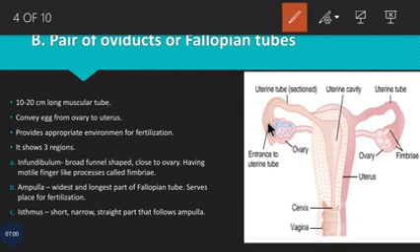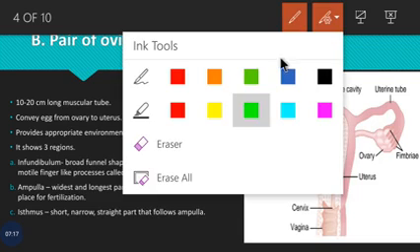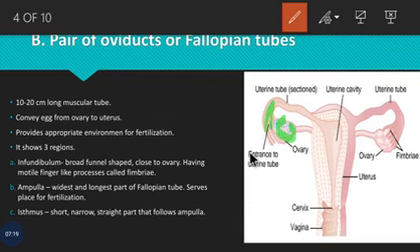Sorry, it is not the ampulla, it is the infundibulum, right? It is a funnel-shaped structure close to the ovary, having motile finger-like projections. We can see the finger-like projections here. These are called fimbriae, right?